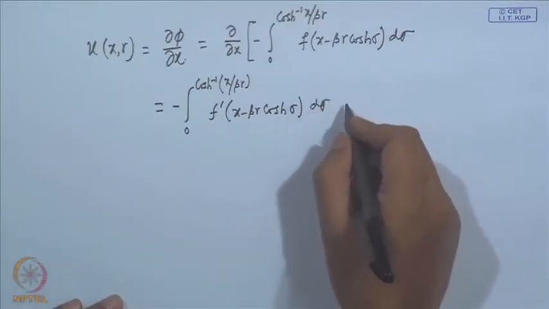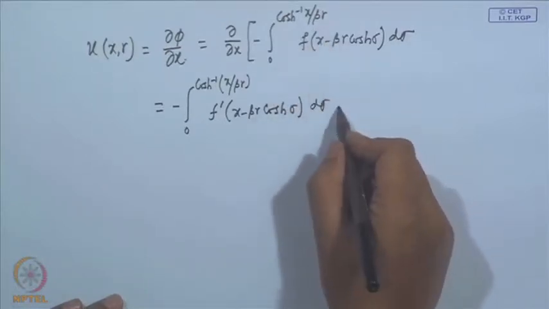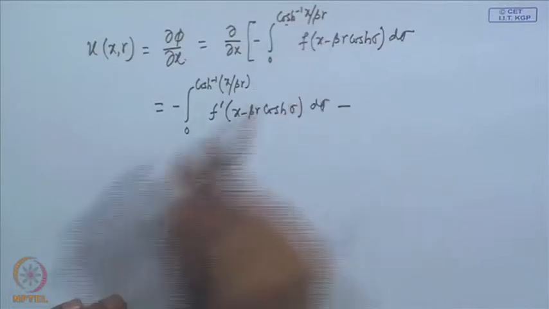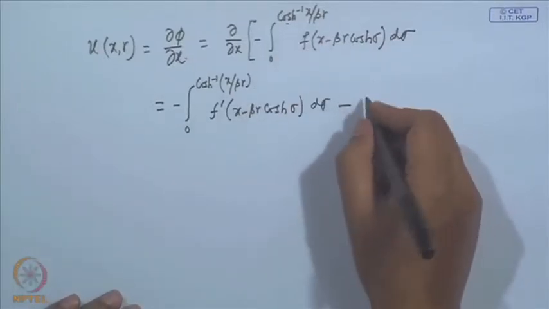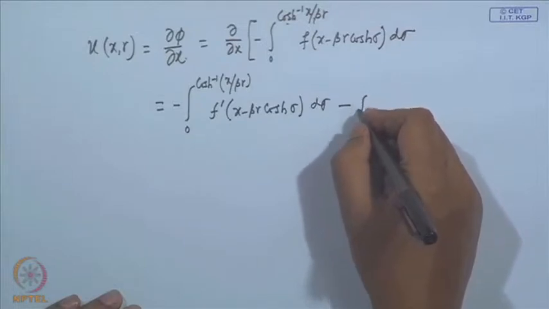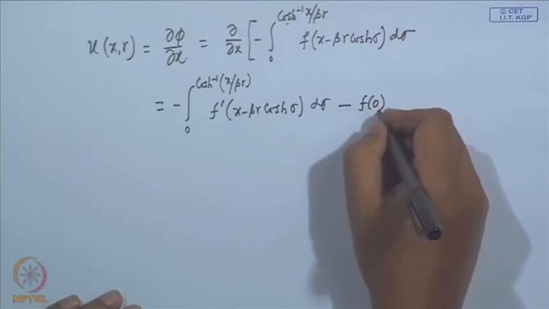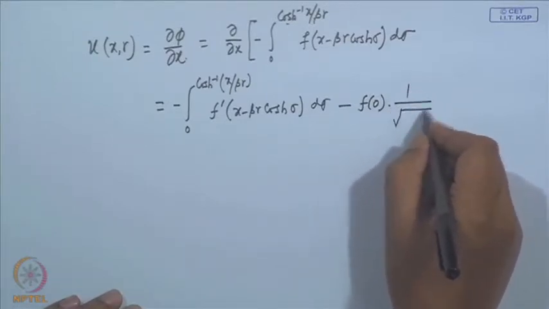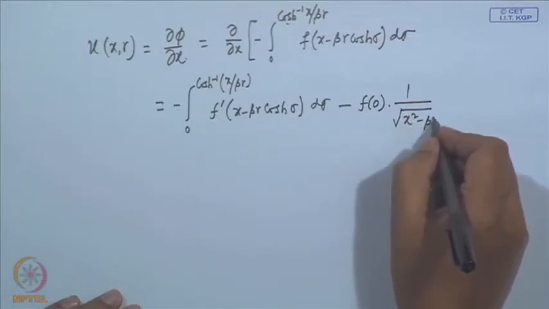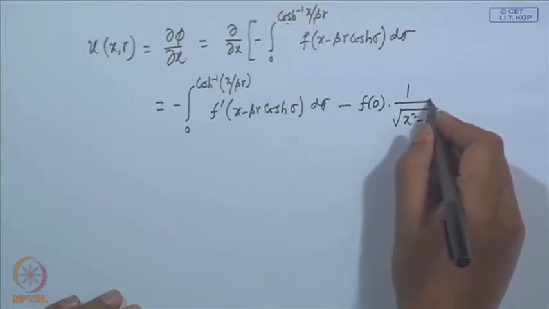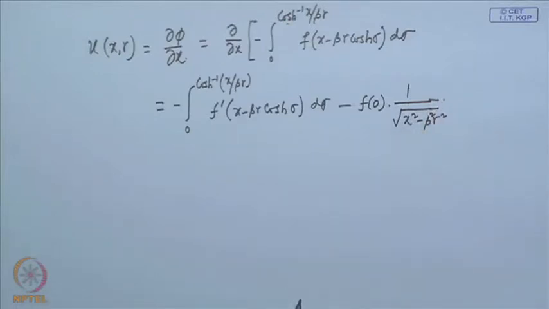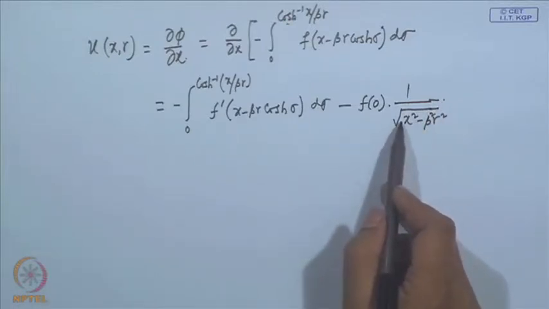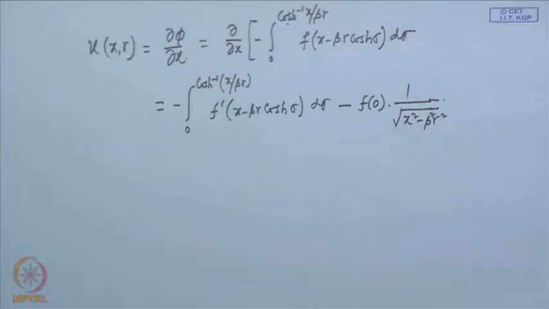and the term comes because of the variable upper limit, which is f 0 into 1 by root over x square minus beta square r square. This term comes due to the application of the Leibniz rule for differentiation under integration with variable limit.